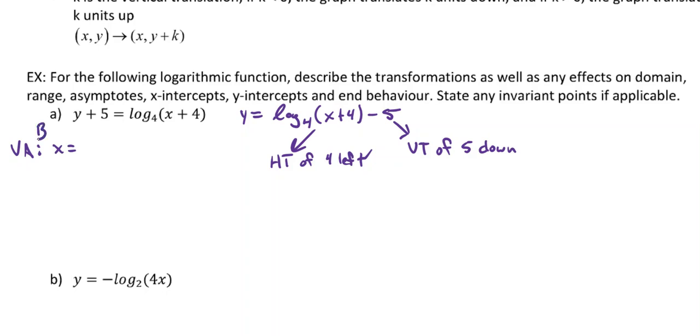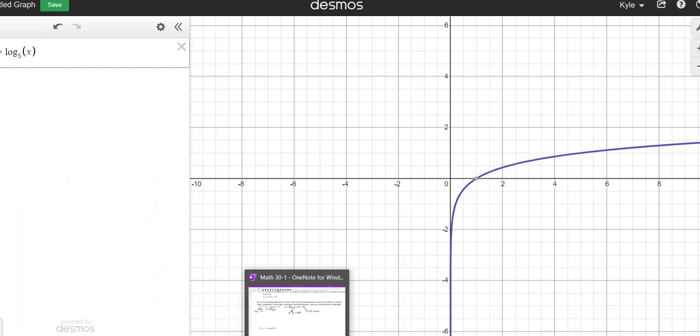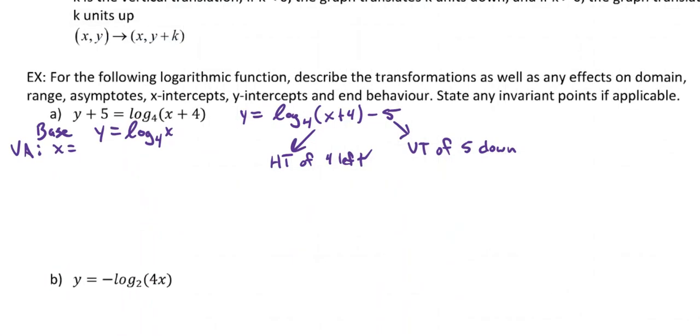Here, maybe I'll write down the base function we're comparing it to: y is equal to log base 4 of just x. Log base 4 of x. So that function. What was the vertical asymptote on that one? x is equal to 0, right? So we'll say x is equal to 0.